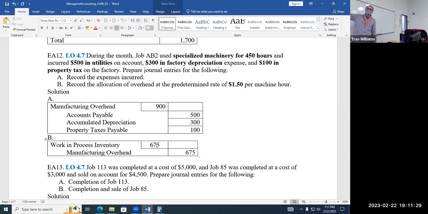We're taking it out of manufacturing overhead and putting it into work in process for that particular job. Right. Part A, we were putting those costs into manufacturing overhead. In part B, we're taking them out, putting them into work in process. And this work in process inventory account is for that specific job.